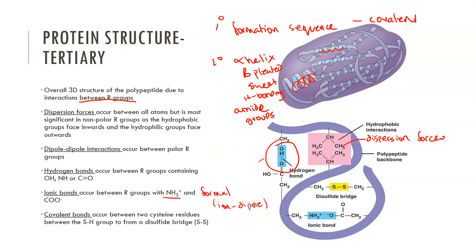The last one is covalent bonds. We actually can see covalent crosslinks forming within a polypeptide, and this occurs only when we have two cysteine residues. The two SH groups will actually form a stable disulfide bond or a disulfide bridge, which is what we see here. This helps to stabilize and strengthen the overall three-dimensional shape. So the alpha helices and beta pleated sheets are our secondary structure.